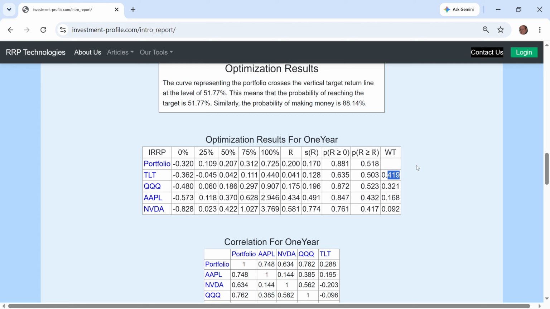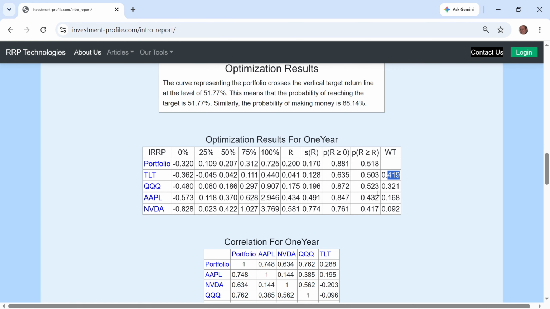That means that the portfolio should have 42% of cash put into TLT. Almost half, you could say, goes into this very low volatility stock.